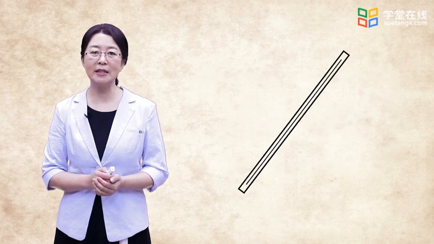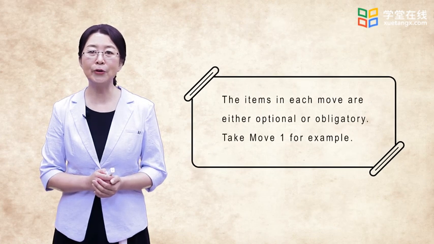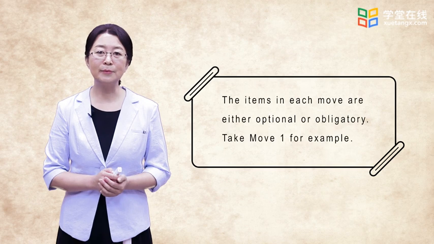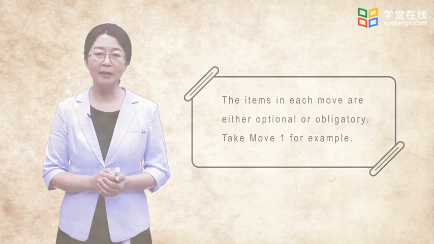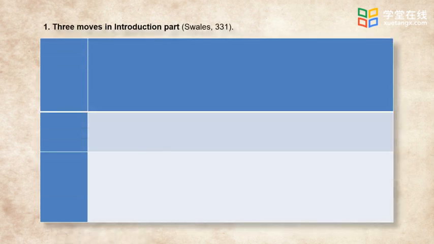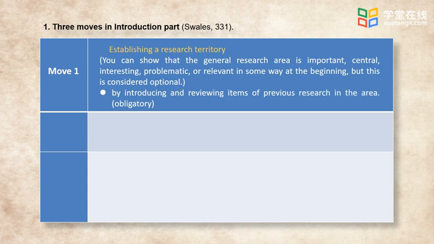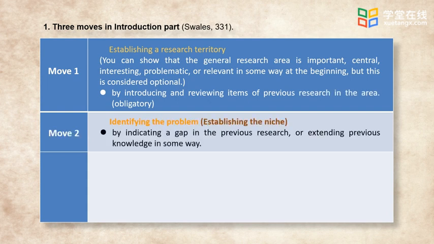The items in each move are either optional or obligatory. Take Move 1 for example. In Move 1, the author must establish the research territory by introducing and reviewing the previous research in the area. But the author can choose whether or not to show the significance of the general research area.